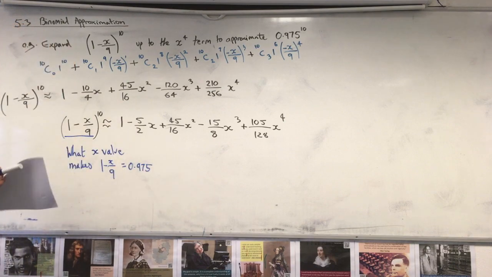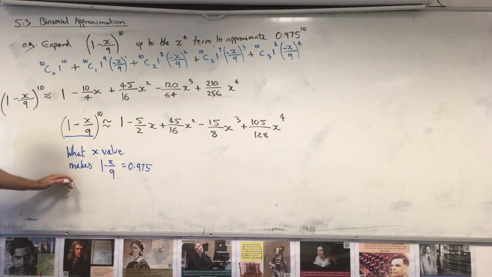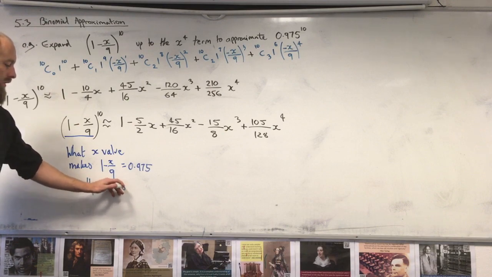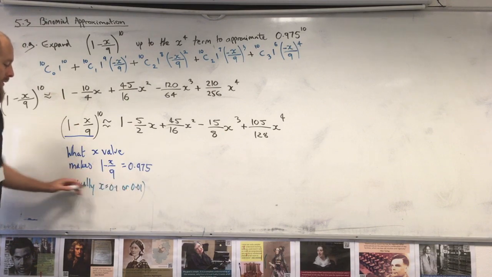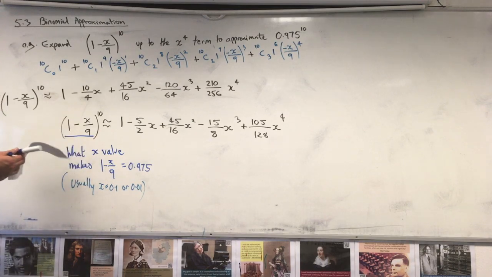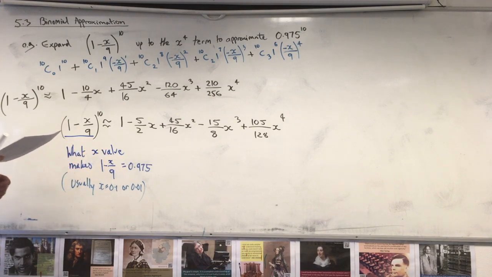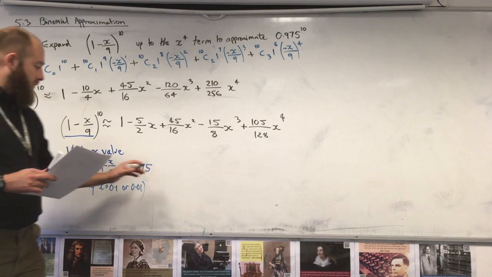It is usually 0.1 or 0.01, but you always need to check. In this case, we can quite simply just rearrange this to find x.